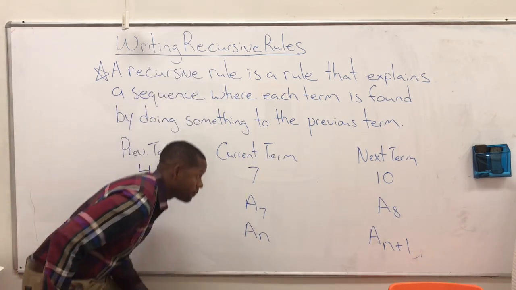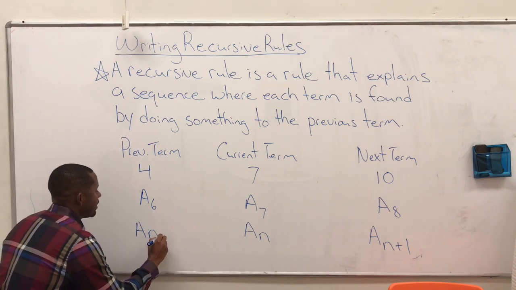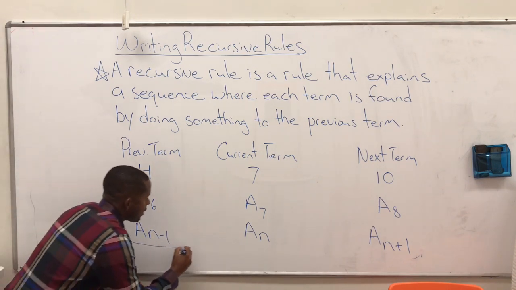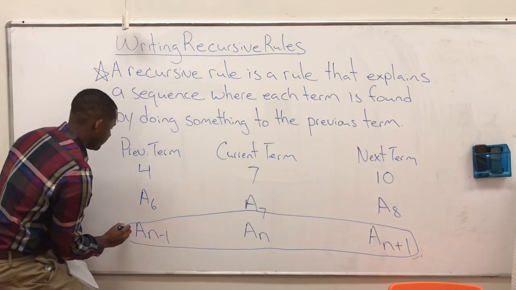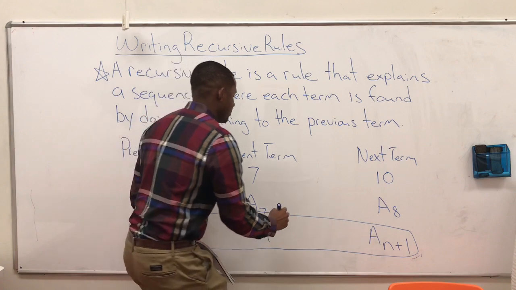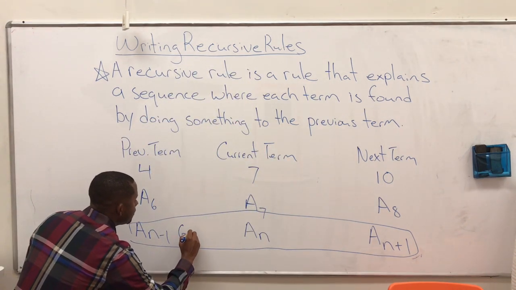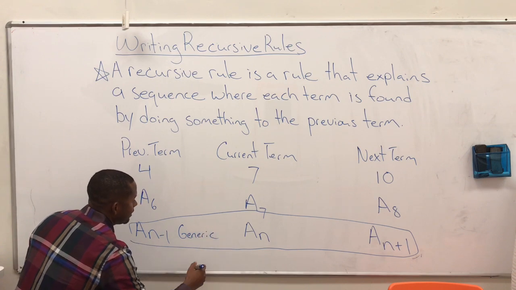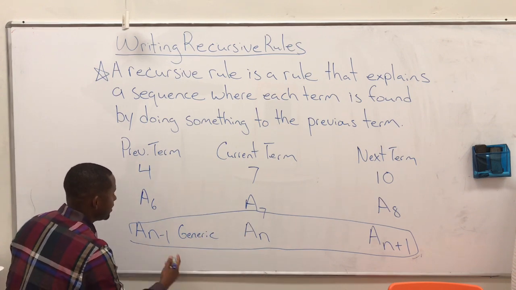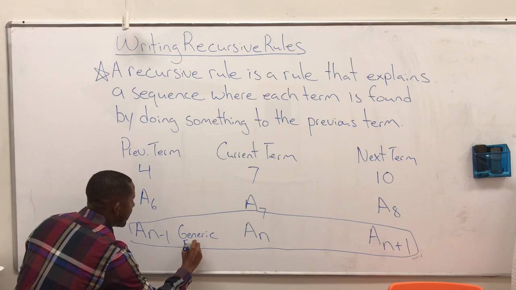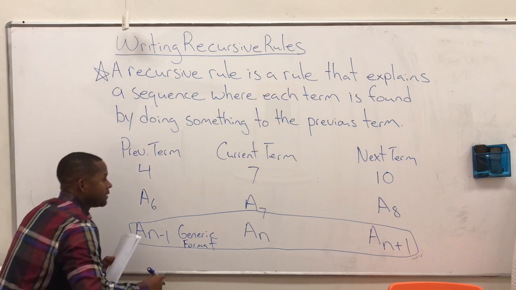So the previous term is always referred to as A sub n minus 1, all right? Box this part in. This is basically your generic. It works for anything. You can always use this to describe current, next, and previous. Your generic format. Okay? So you're getting that down right there.